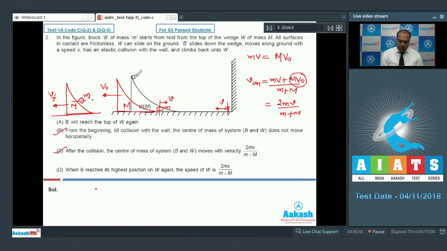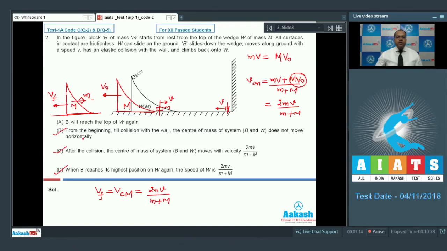So Vf must be equal to the velocity of the center of mass, which in the horizontal direction we have already calculated. It is equal to 2mv divided by (small m plus capital M). So option D is also correct. So the correct answer for question number 2 is options B, C and D.